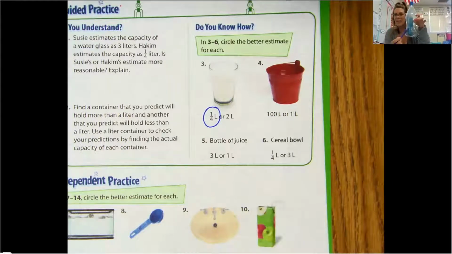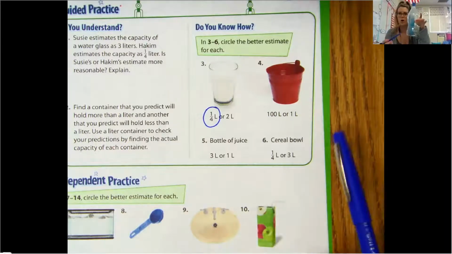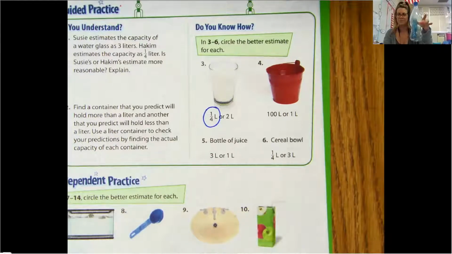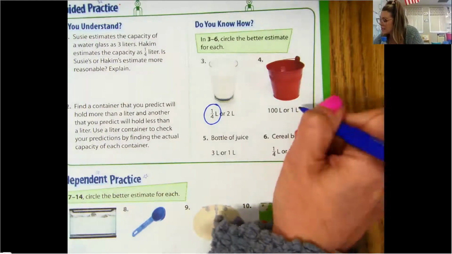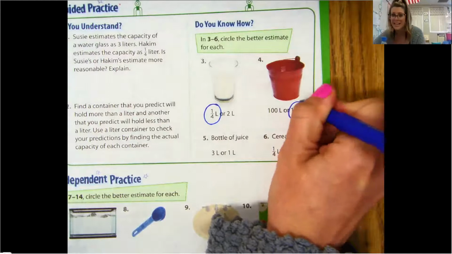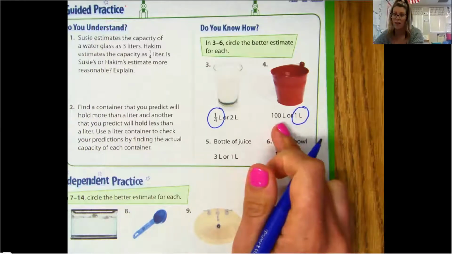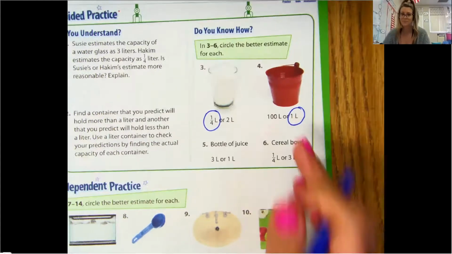So would we need 100 liters or just 1 liter? What do you think? Go ahead and circle what you think. Well, 1 of these makes more sense than 100 of these. Even though that might not be the exact amount, it's closer than 100, okay? Remember, just our best guess.